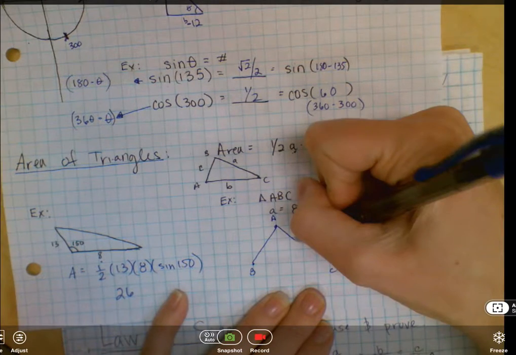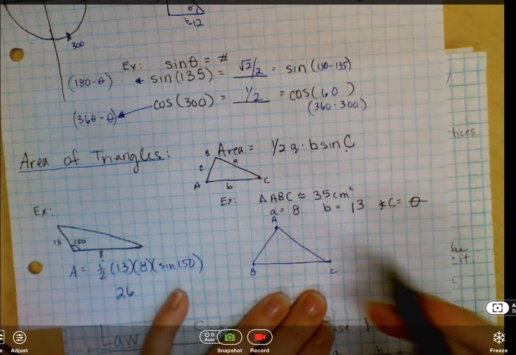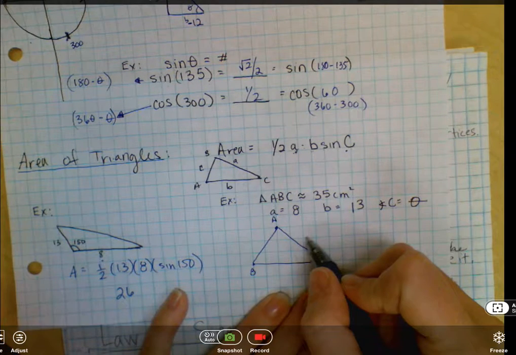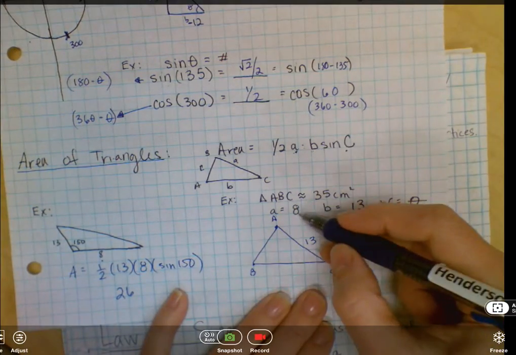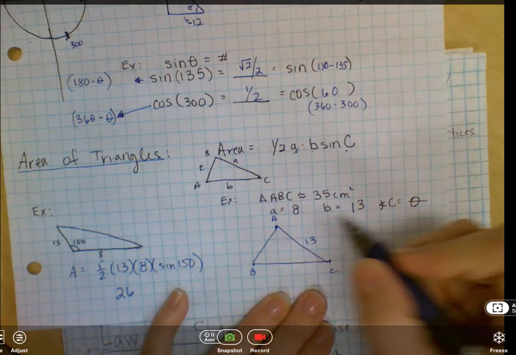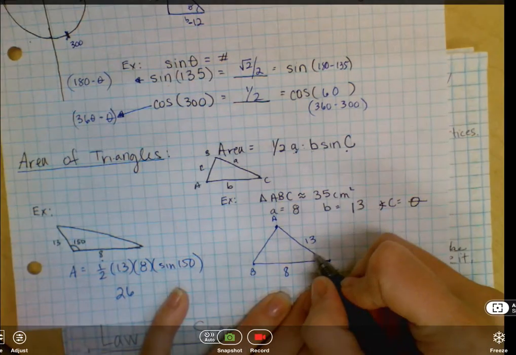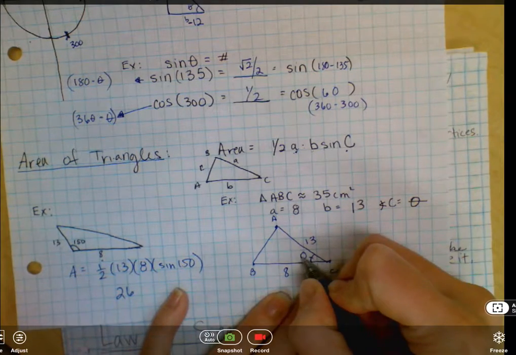Now my picture probably isn't very good, but that's all right. Little b here is the side opposite big B. 8 is going to be the side opposite big A, and C is the one that's between those two, given this diagram.